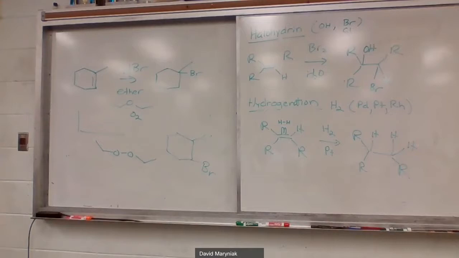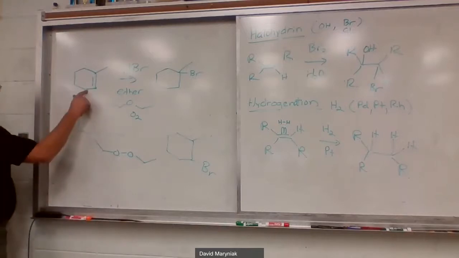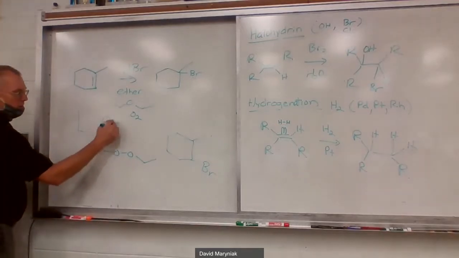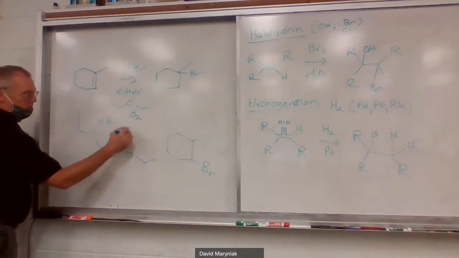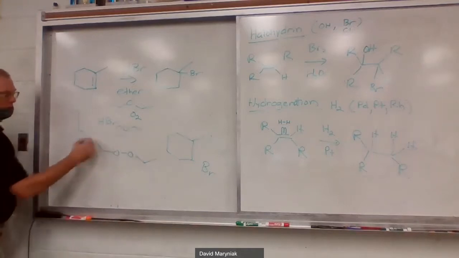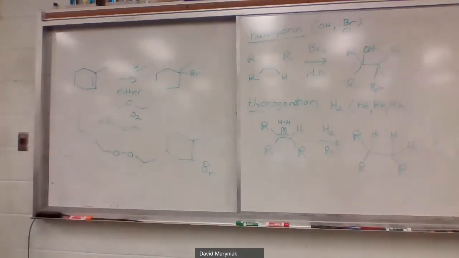Yes, because sometimes do we want the anti-Markovnikov product? So from my long story, you'll be able to answer the question, what promoted the formation of the anti-Markovnikov product? The ene, the HBr, the ether, or the peroxide, which was contaminating the ether?